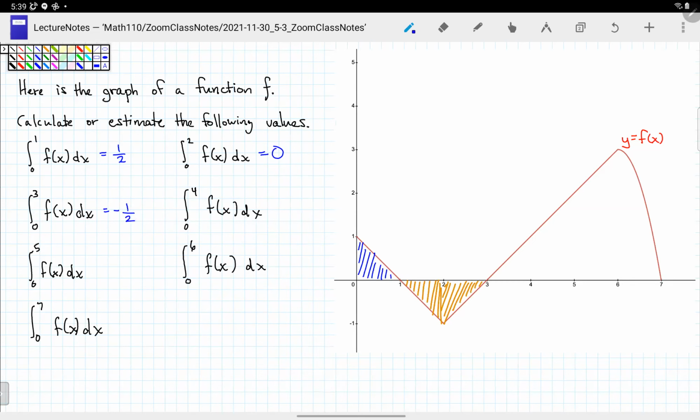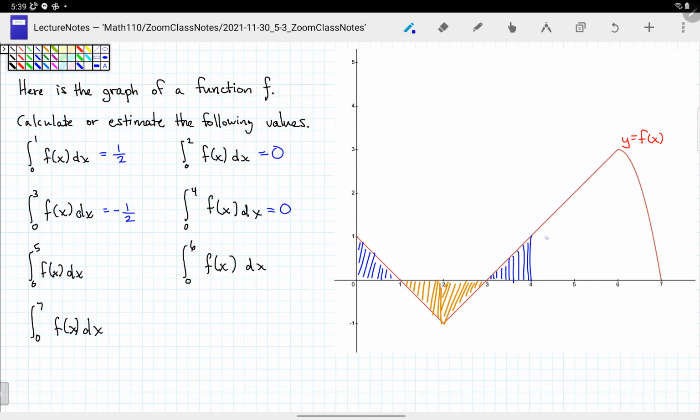Then from 3 to 4 we add in a bit above the x-axis, which is positive 1/2. So now from 0 to 4, we have the same amount above the x-axis as below it, so the full integral again is going to be 0.